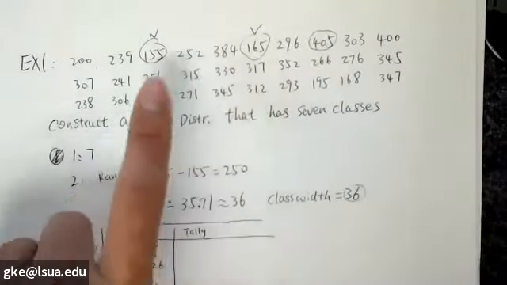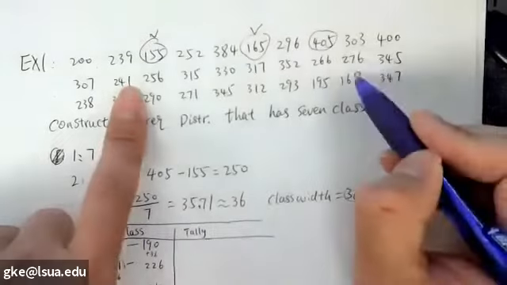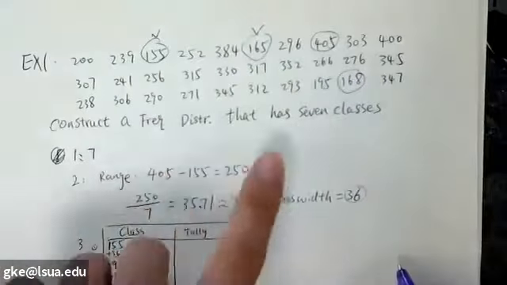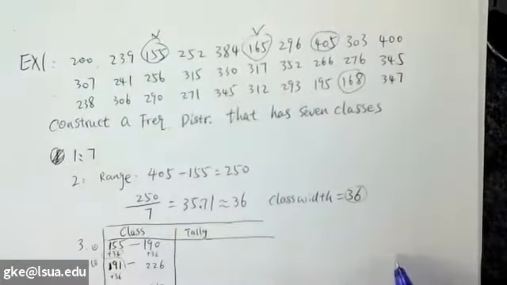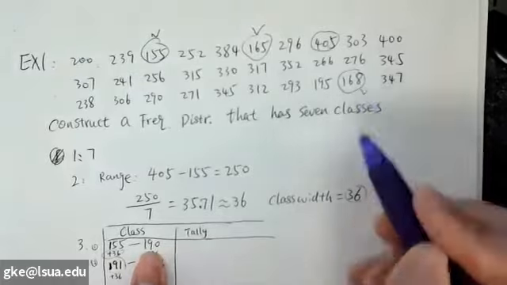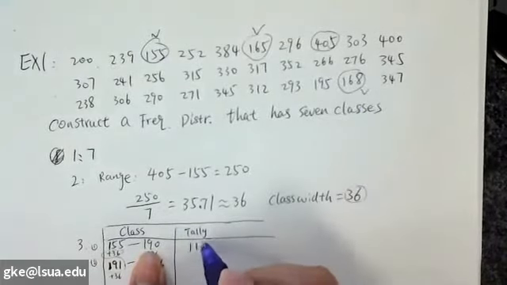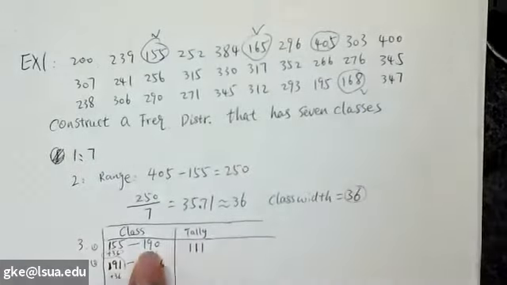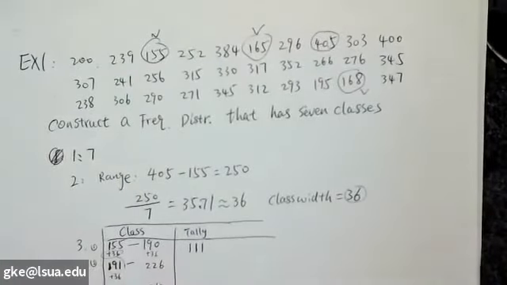And do I have another one? Yes, we found this one. This one is also between 155 and 190. Okay, so we find these three. We tally it. Okay, we found 3.